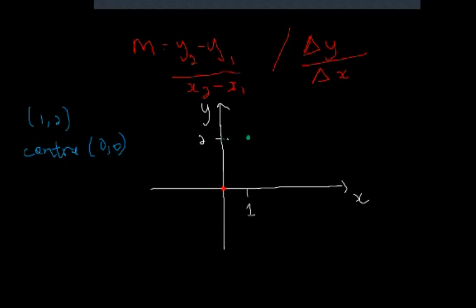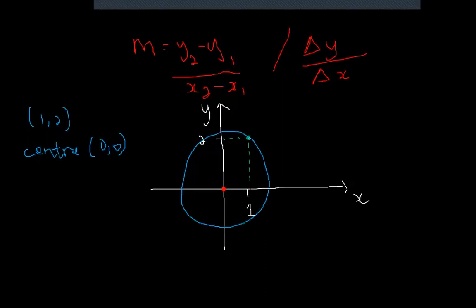In case anybody doesn't know, you would draw a horizontal line here, a vertical line here, and that's how you get that point. Right? Now to draw the circle. So this is what my circle would look like. Where the center is the origin, so 0, 0, and then 1, 2 is a point on the circle.